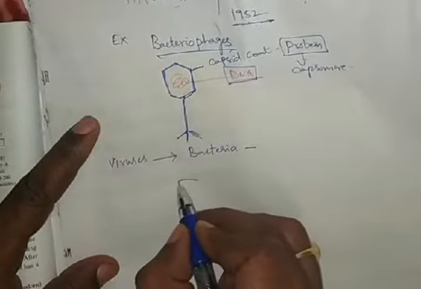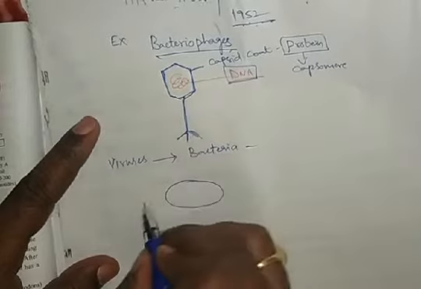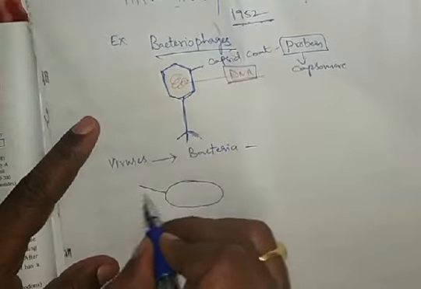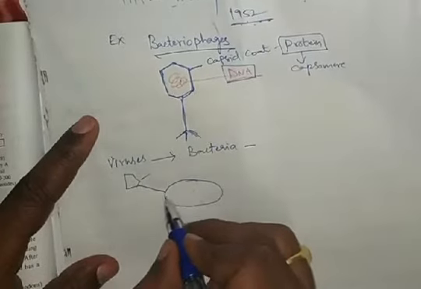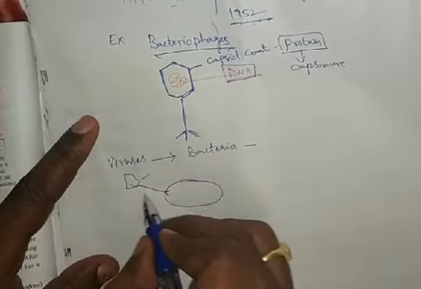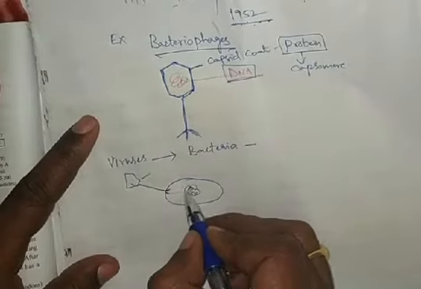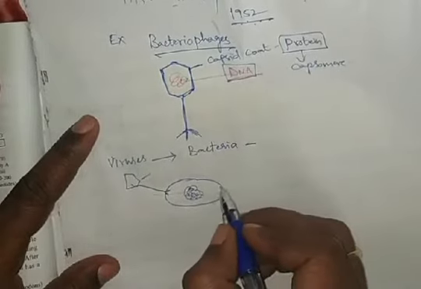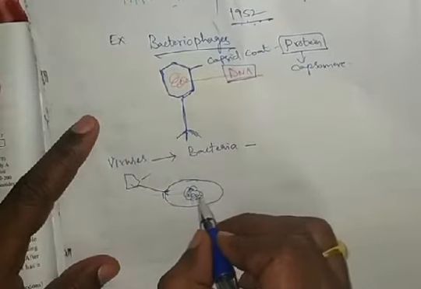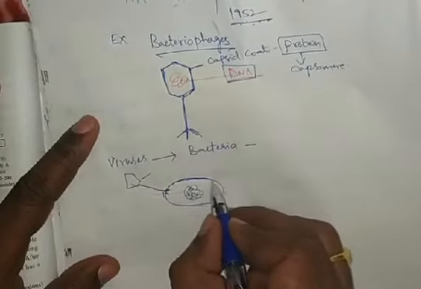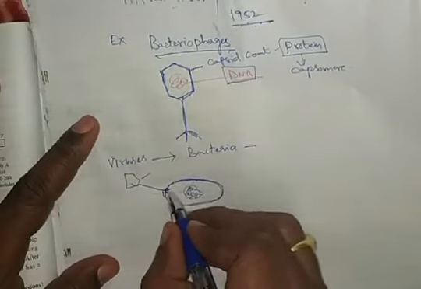For example, this is a bacterium. When the bacteriophage infects the bacterium, it injects its genetic material, which multiplies into many copies in the bacterial cell, because bacteria are able to divide.